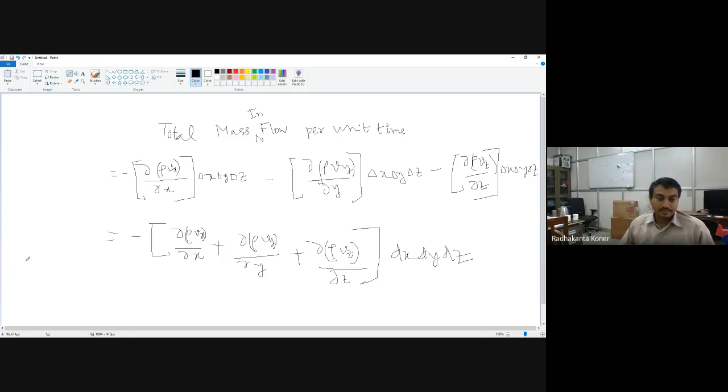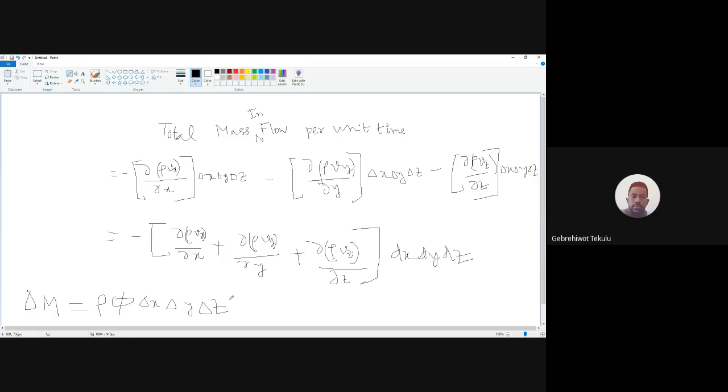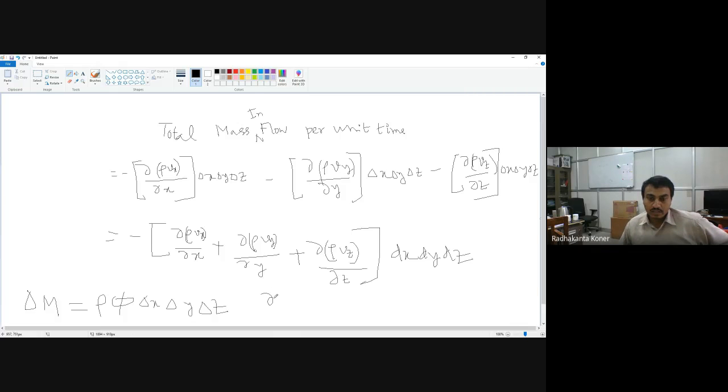So what is the total mass then? Total mass is equal to rho del x del y del z. The mass change with unit time as pressure changes is dm by dt, plus x y z del p, the difference with time.